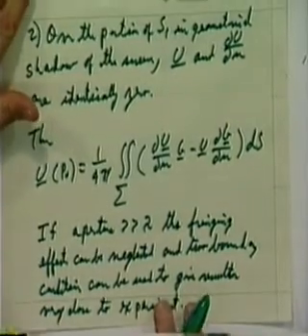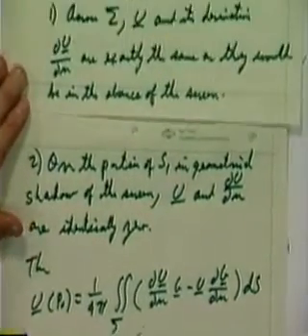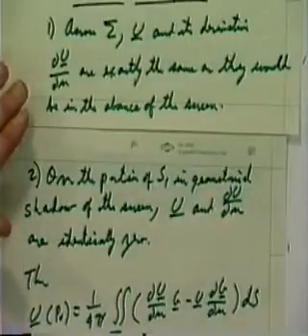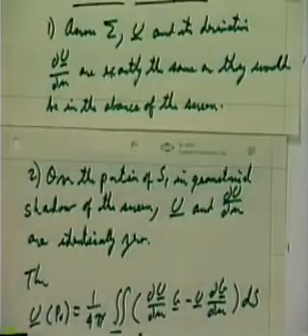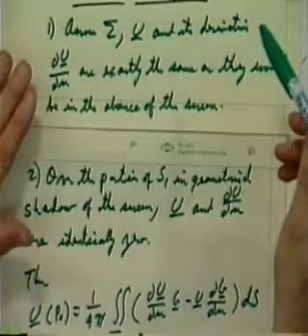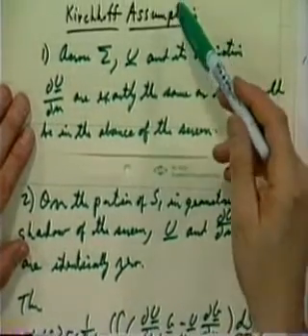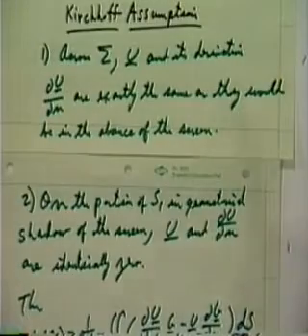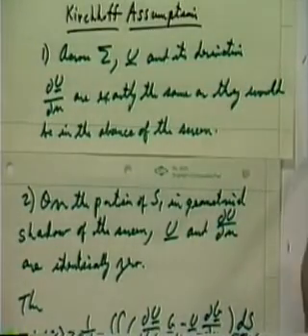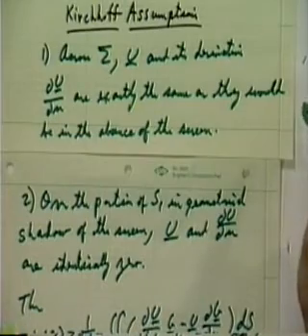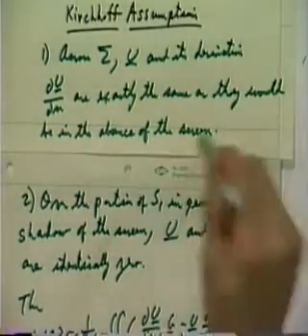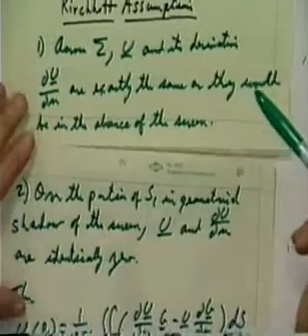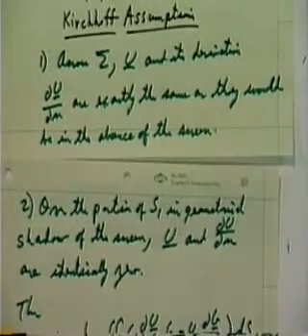Now, I should warn you, I don't expect anyone to go through all this derivation without some notes or a book in front of them. But I do expect you to remember these two Kirchhoff assumptions. They're pretty important. And later we're going to come back to the Rayleigh-Sommerfeld formulation, which will not require these same assumptions, but these are pretty important things.